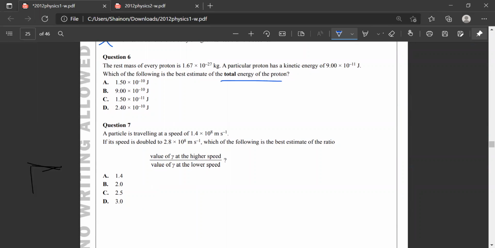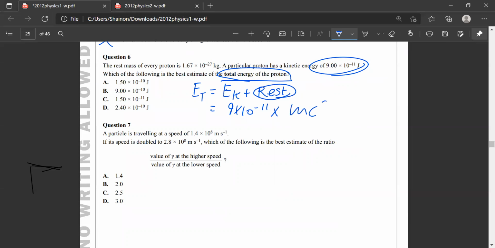Question 6, E total equals EK plus rest. So EK is this one. Rest is mc squared, 9 times 10 squared equals around 2.4.